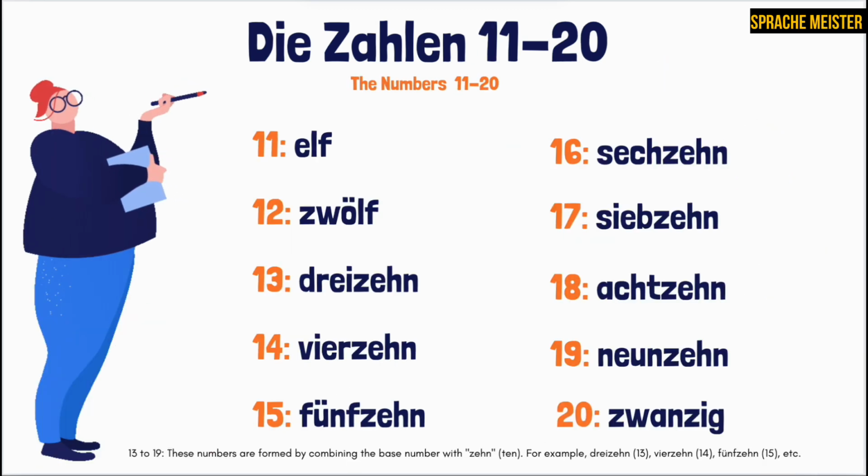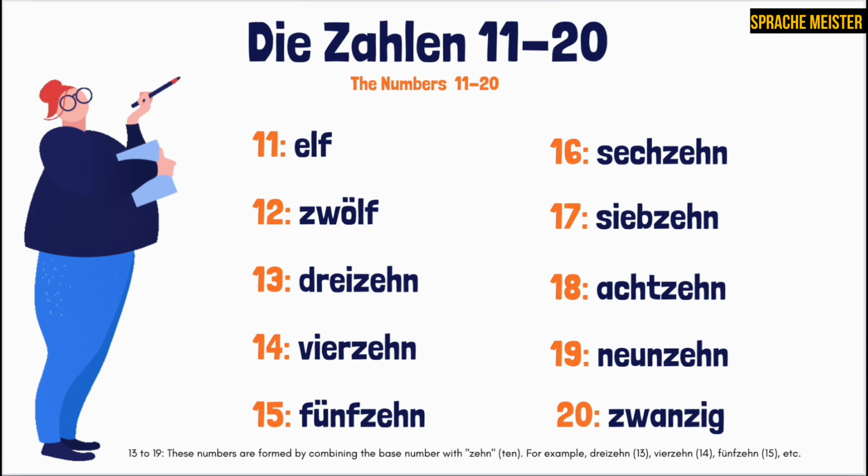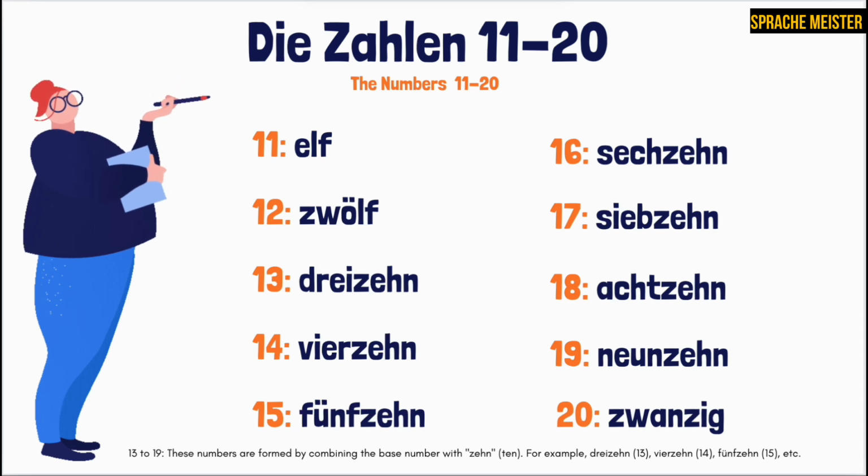Now, die Zahlen von 11 bis 20, the numbers from 11 to 20. 11, 12, 13, 14, 15, 16, 17, 18, 19, 20.